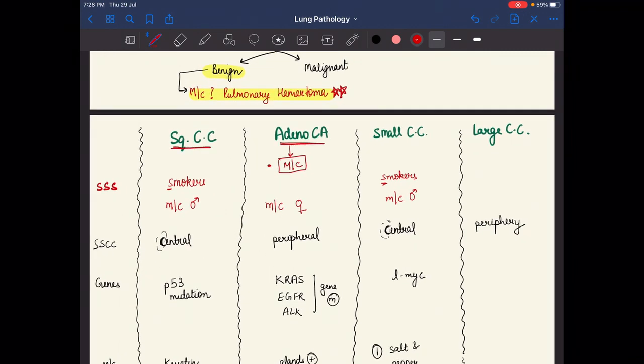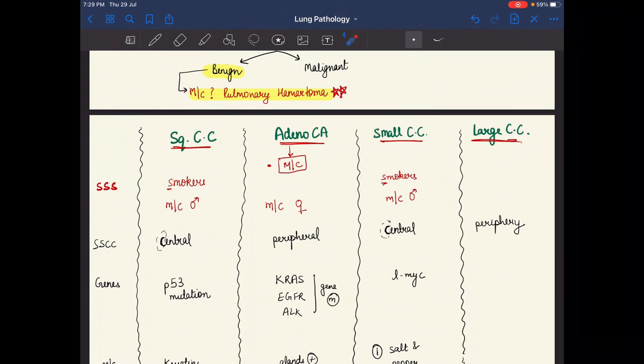The malignant lung tumors are squamous cell carcinoma, adenocarcinoma, small cell carcinoma and large cell carcinoma. Adeno means glands. The letters that start with S, squamous and small cell, are both seen in smokers, meaning the risk factor is smoking.